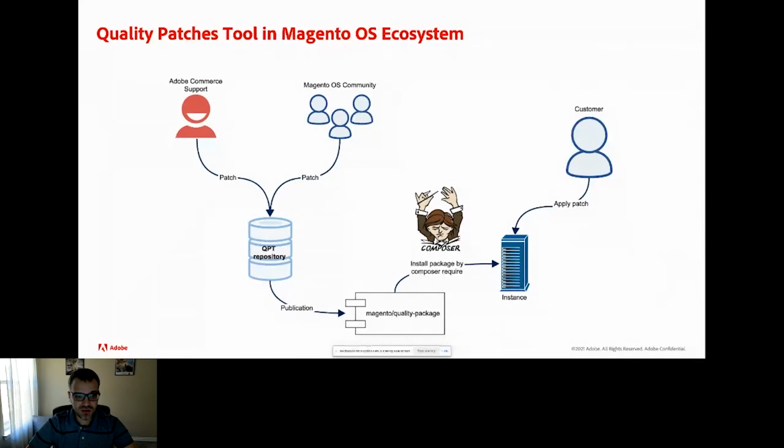So basically, by providing the ability for the community to deliver patches, we are extending the patches database, and all the fixes can be delivered and be available for customers.